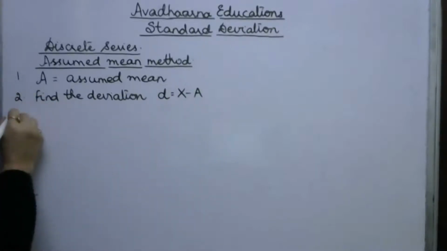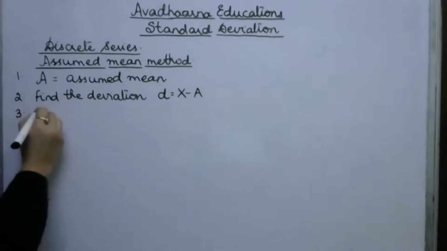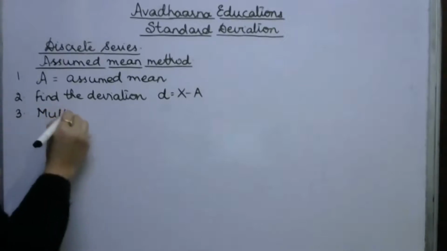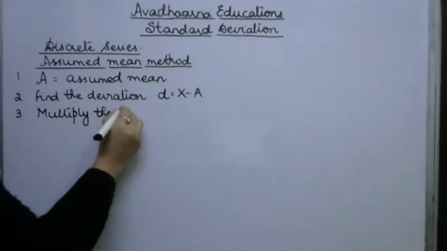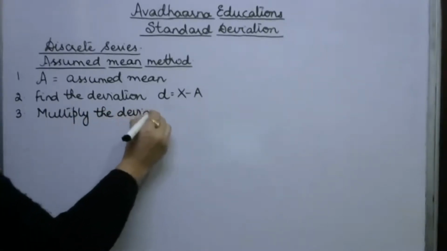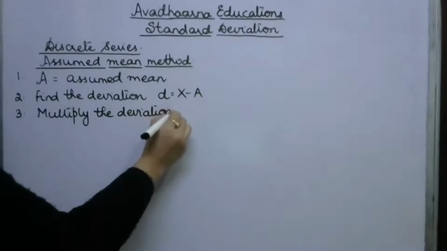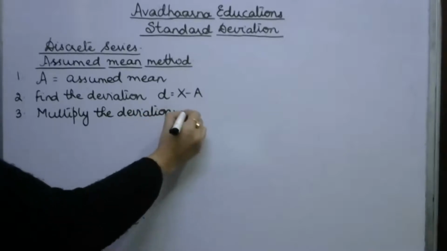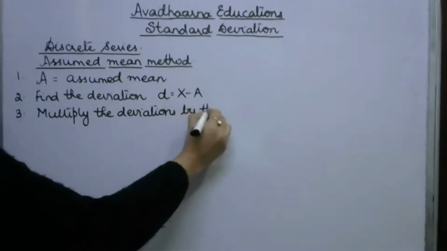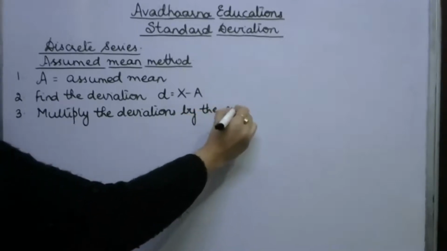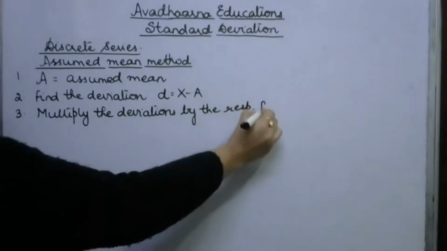Then third step is that we multiply these deviations by the respective frequencies. Multiply the deviations from the assumed mean by the respective frequencies.